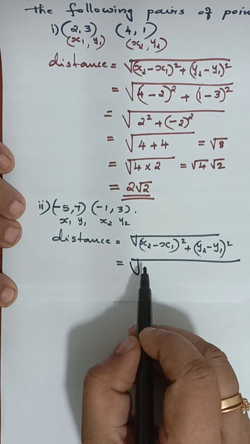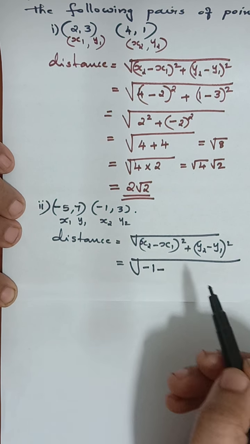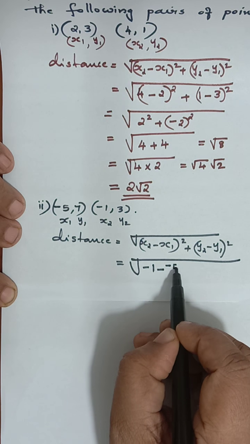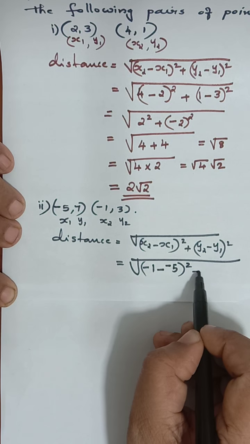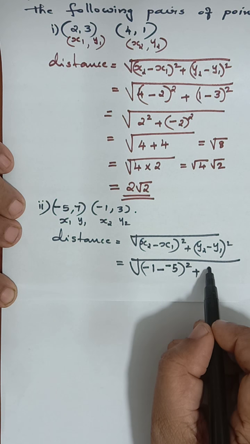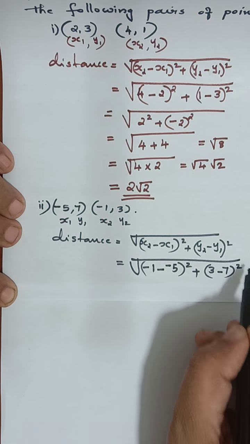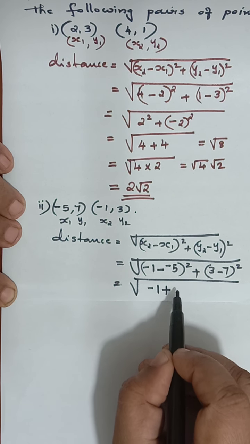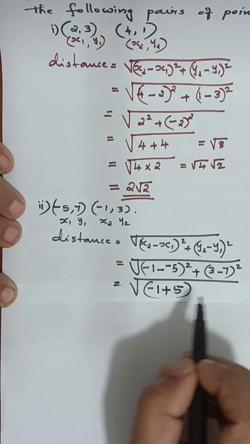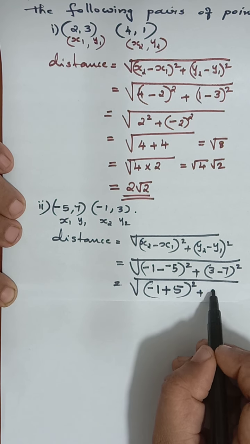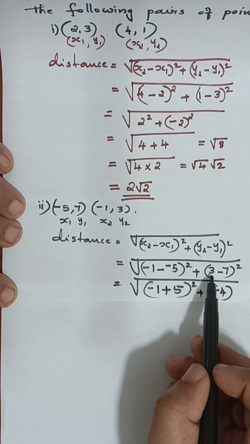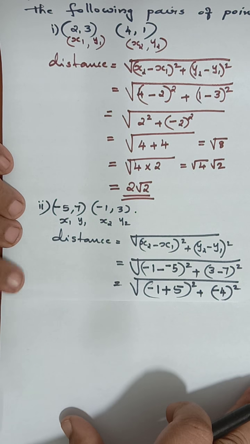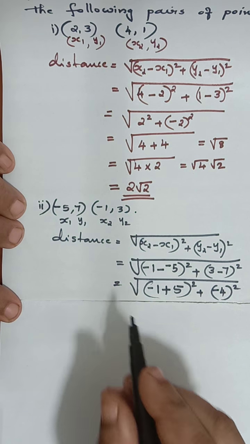Substitute the value. x2 is negative 1 minus, be careful, negative 1 minus x1 is negative 5. Plus y2 minus y1, 3 minus 7 whole square. This is equal to square root of, write one more step, minus of minus plus 5 whole square plus 3 minus, this will become negative 4. This means 3 plus negative 7. 3 plus negative 7 is negative 4. It's a whole square.